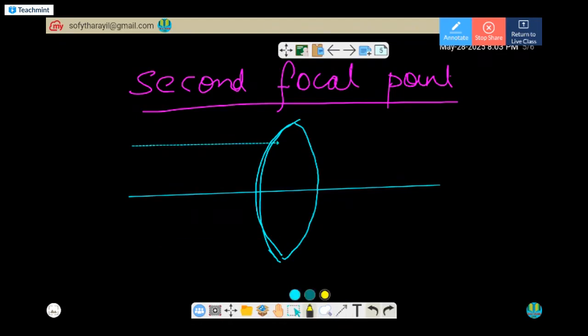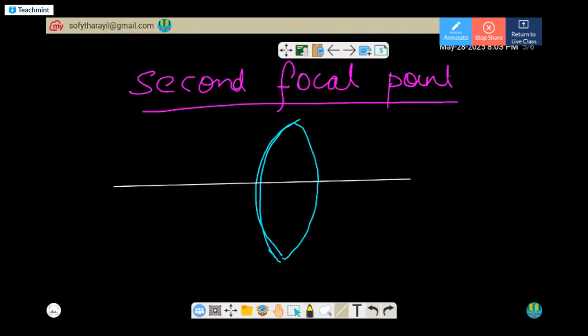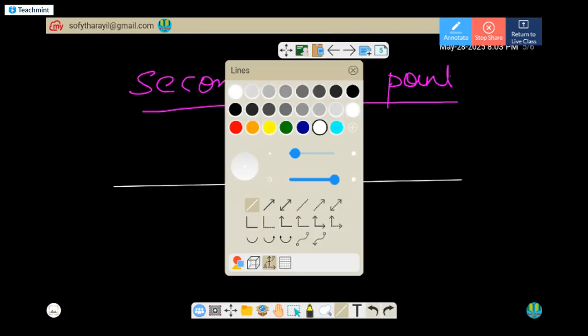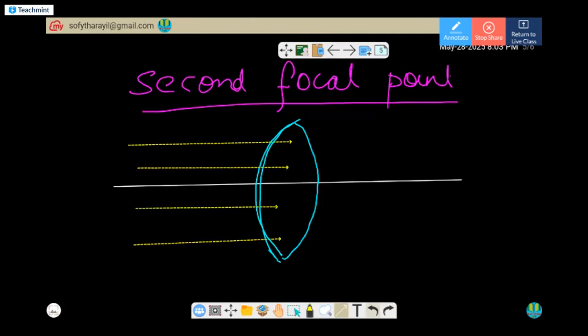Like this, and you will take rays this way. Okay. Many rays you can take. They all come here almost to the center point. They all get diverted. We will also see diverging lens and the converging name.